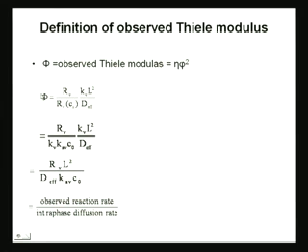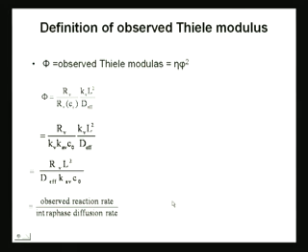So the observed Thiele modulus is observed reaction rate over interface diffusion. This expression is correct over here, and there is a problem with kV over here. So these are not correct, but what we wrote is essentially right before on the paper.